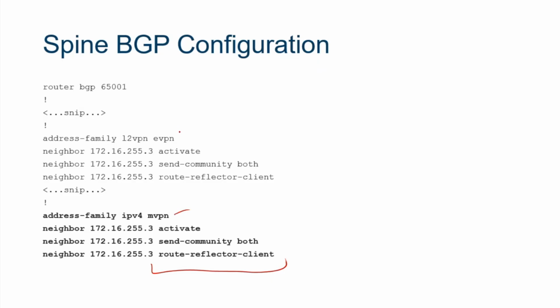Here is your L2VPN EVPN address family. Okay, so that's how the configuration is. If you need it, let me know. Otherwise, I just wanted to show you how the default MDT looks, how the EVPN configuration and MVPN configuration look. With that, I'm done for today.